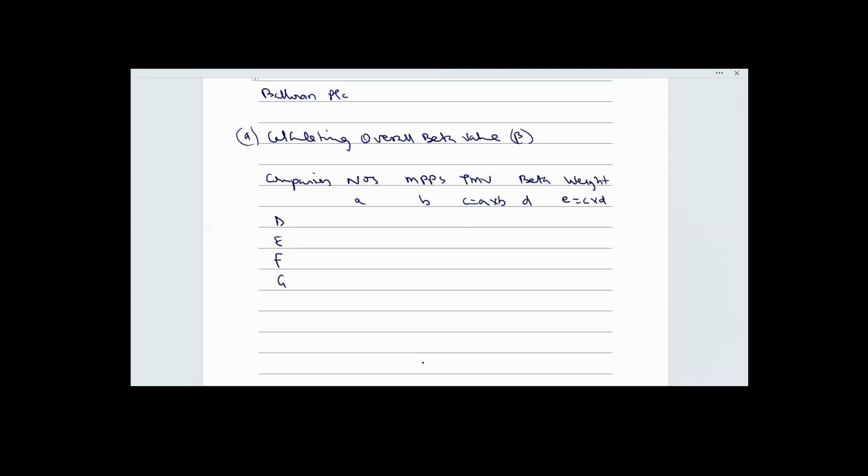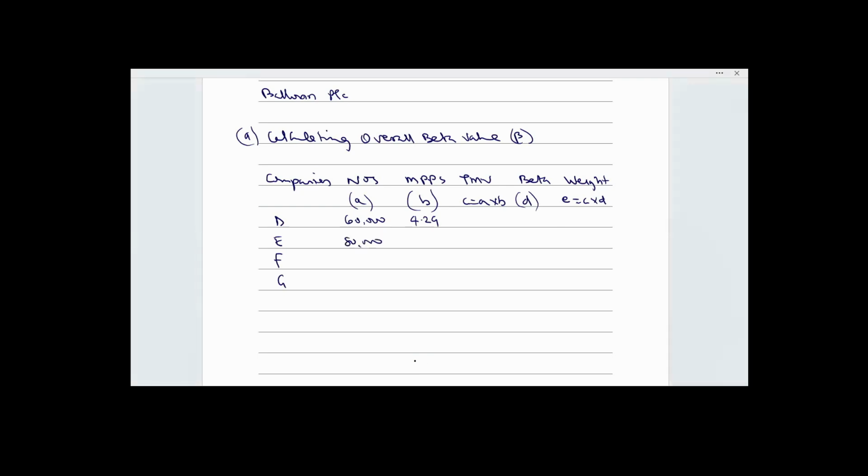Okay, so what's the number of shares? 60,000 shares, and the price is 4.29. Next one is 80,000 with the price of 2.92.